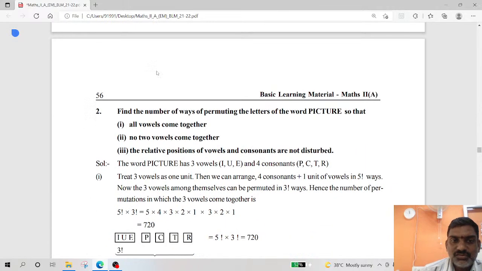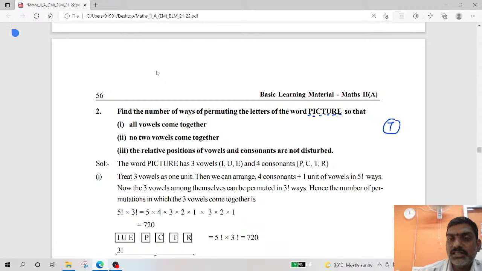Next question is, find the number of ways of permuting the letters of the word picture so that all vowels come together, no two vowels come together, and the relative positions of vowels and consonants are not disturbed. Here, what is the given word? Picture is given here. So 1, 2, 3, 4, 5, 6, 7. 7 letters are there.